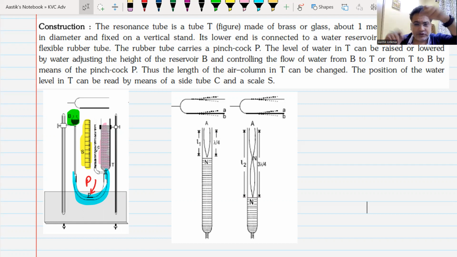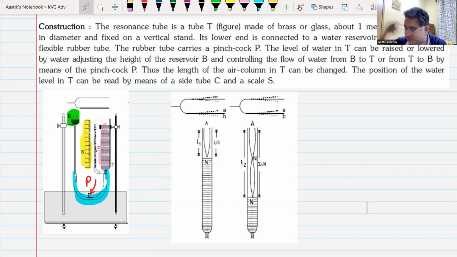And I'm going to see at which frequency both of these match. That is known as resonance. The frequency of the tuning fork and the frequency of this, when it matches, that will be known as the resonance. When resonance happens, you will hear a loud sound.